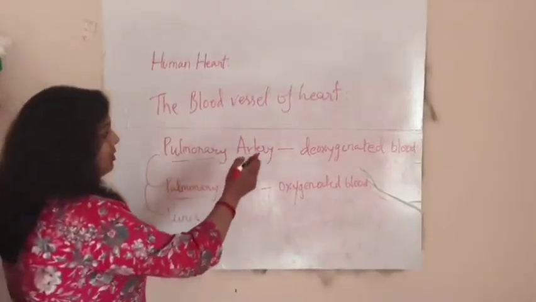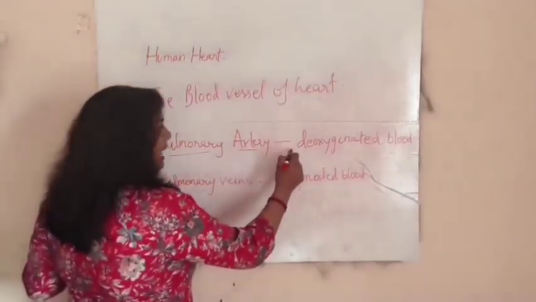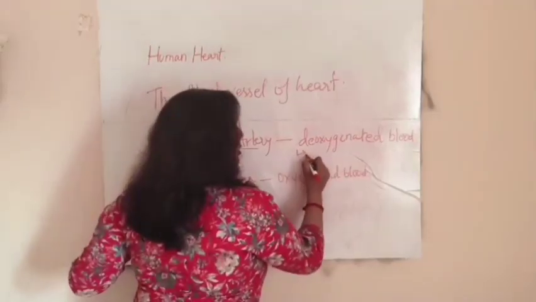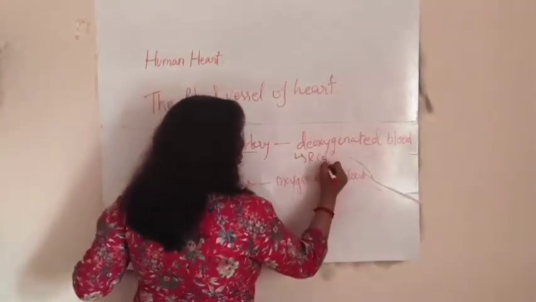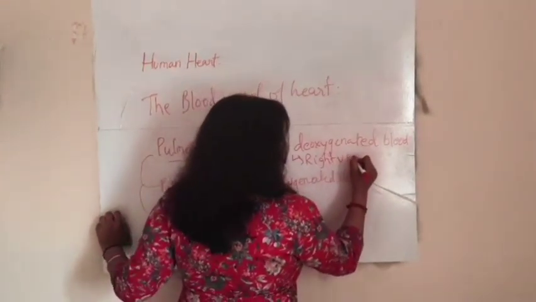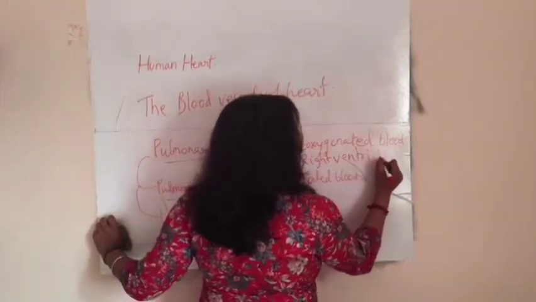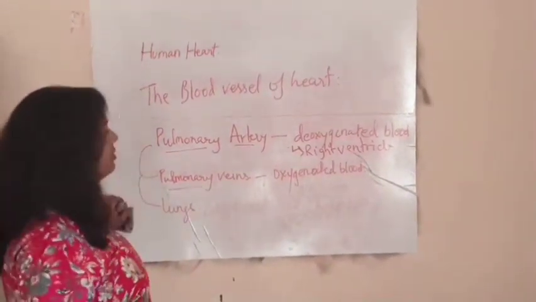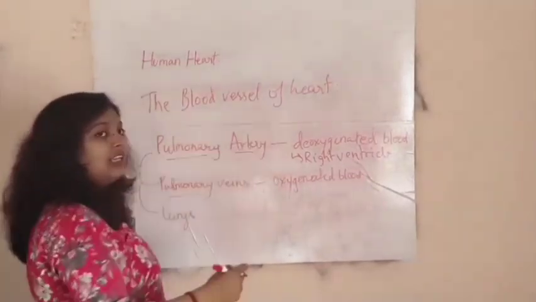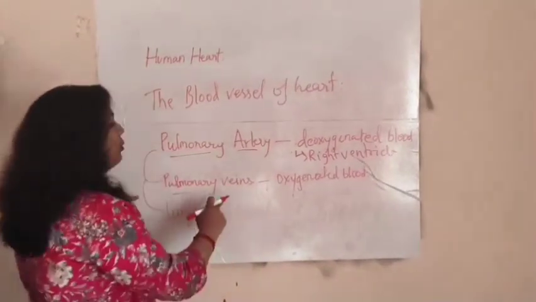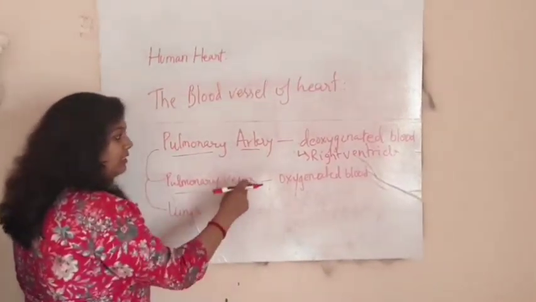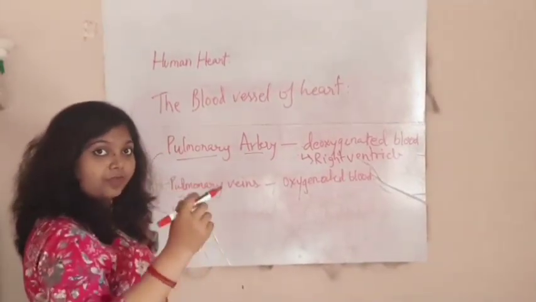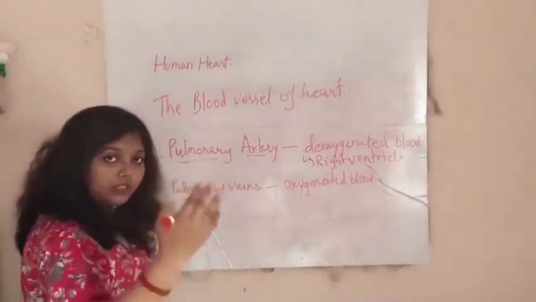So now as we know, the pulmonary artery carries the deoxygenated blood pumped by the right ventricle towards the lungs for oxygenation, so that the deoxygenated blood can get oxygenated, whereas the pulmonary veins carry the oxygenated blood from the lungs to the heart.